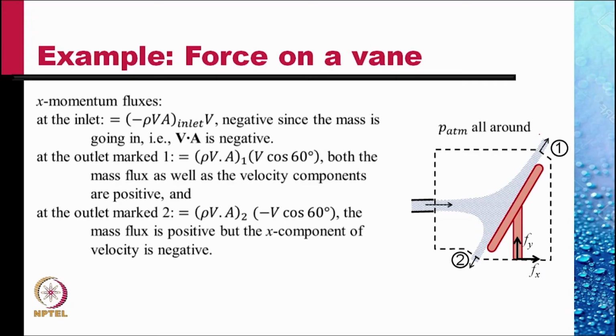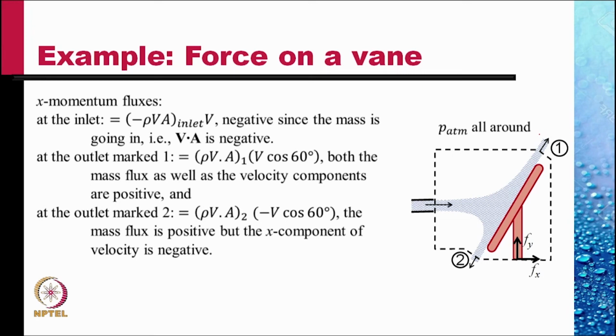There is an x component of velocity which is positive. So if V is the velocity, then the x component is V cosine 60 degrees. The angle of the vane is 60 degrees. So both the mass flux as well as the velocity component are positive, and so this flux is positive.